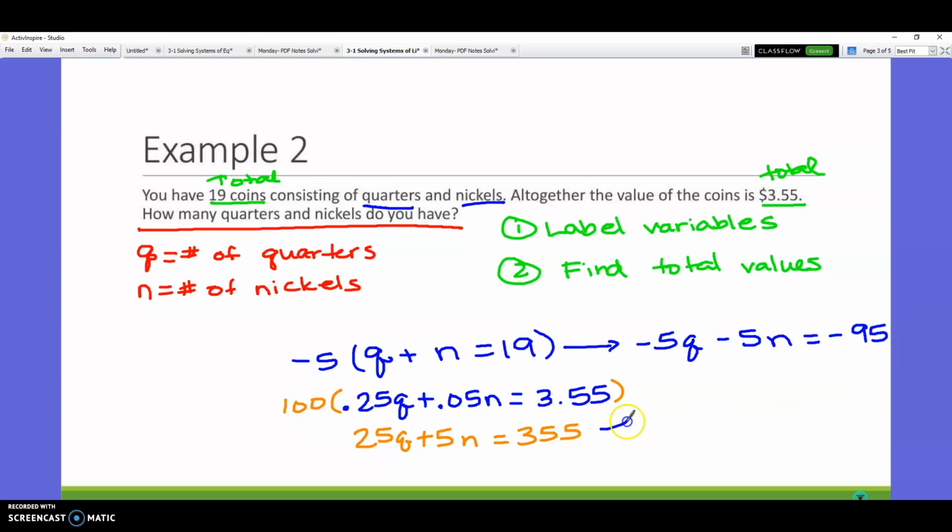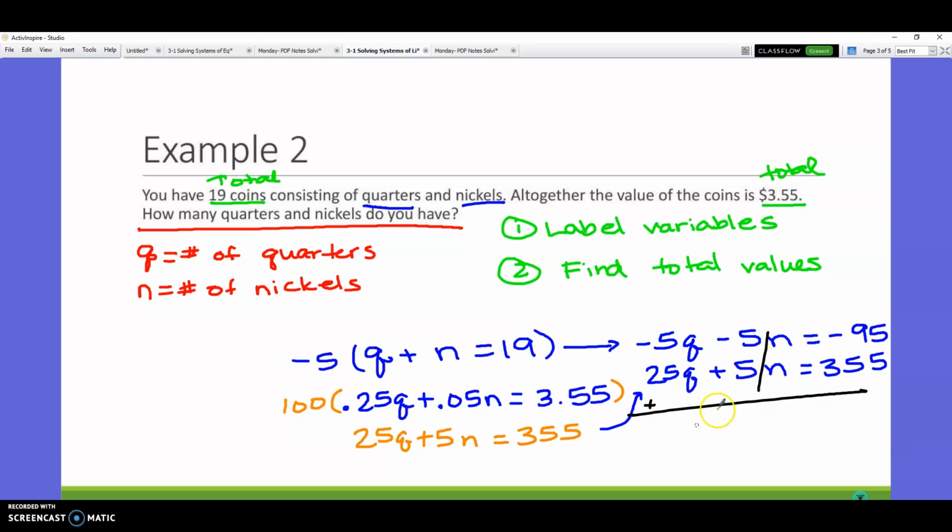And then I would use this equation, 25Q plus 5N equals 355. And here I would be able to eliminate N.